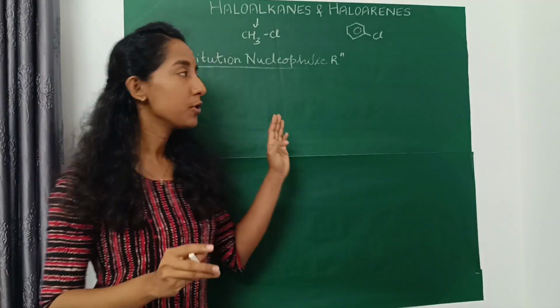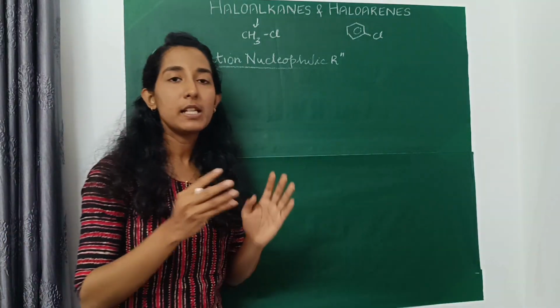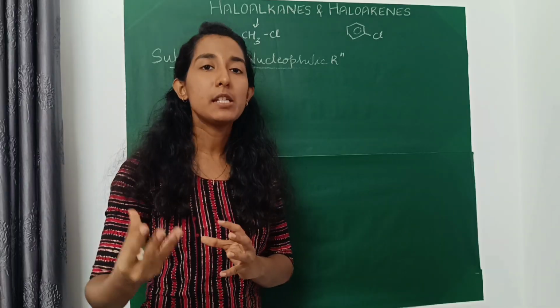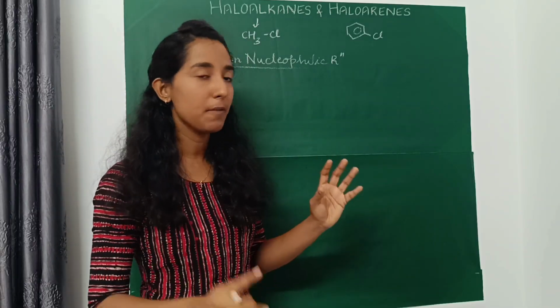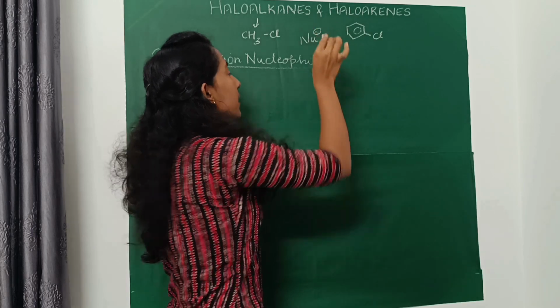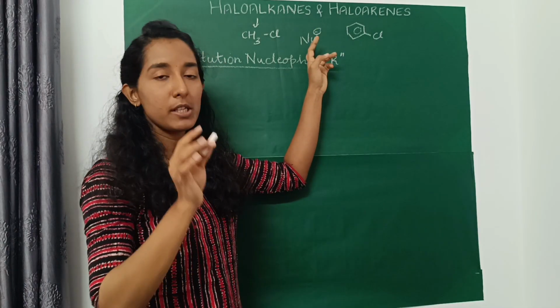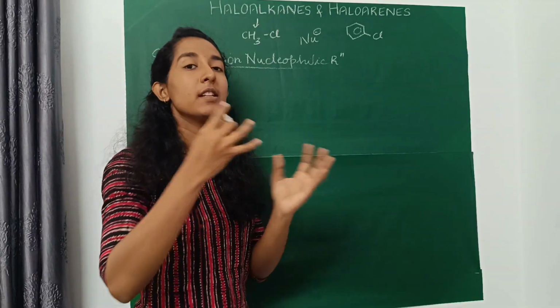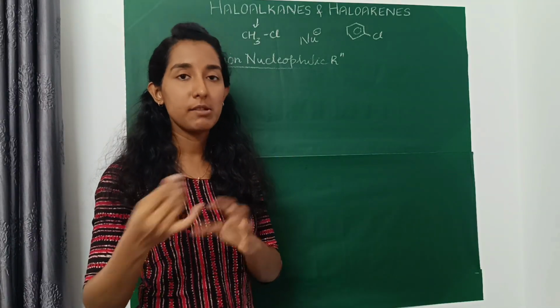In this reaction, the leaving group will be replaced by an electron-rich species, which is a nucleophile. We represent the nucleophile with Nu minus, so it has a negative charge. It is a nucleus-loving species, so it will have an attraction towards a positive center.